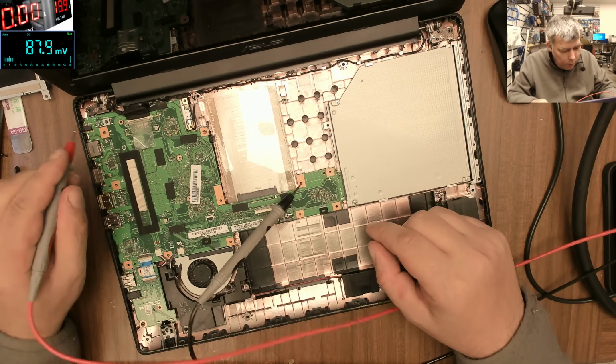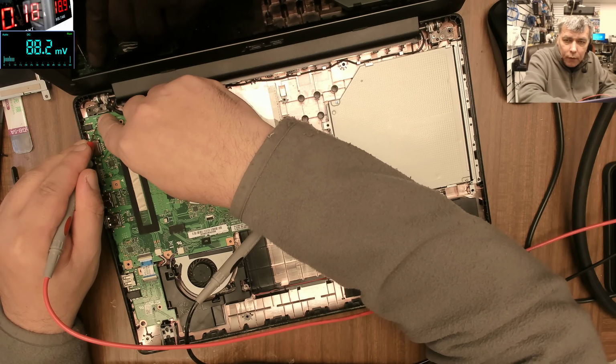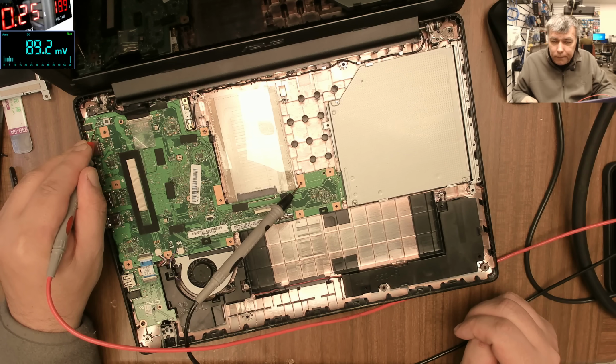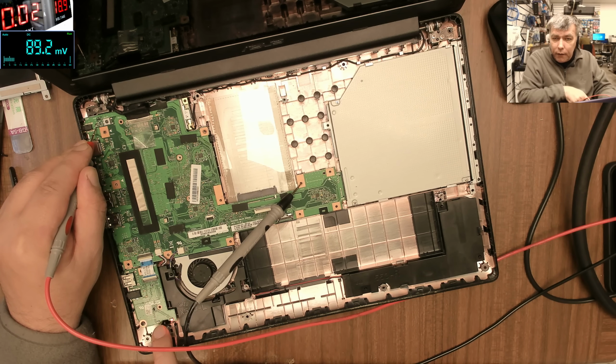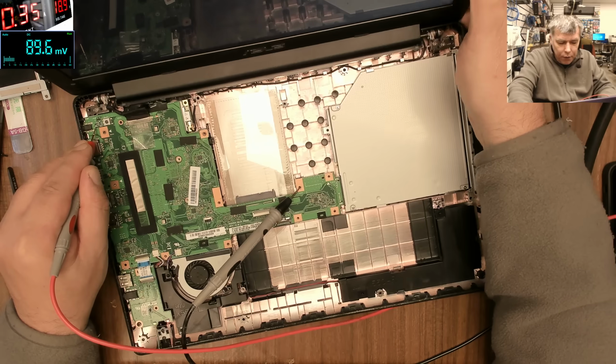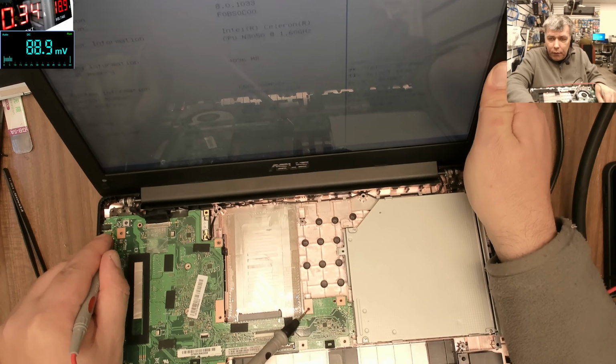Minus, plus. Now let's fire up. And the current goes up to 300 milliamps. We have the LED on here. It goes off and comes on because the BIOS got reset. And I have picture. And we are on the BIOS menu.